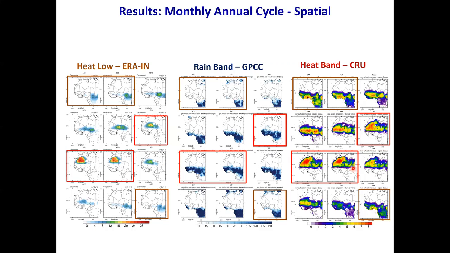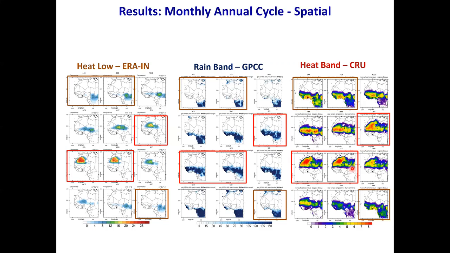So clearly we can see that these three features or processes actually mimic each other, and there is a clear linkage between them in terms of their migration from month to month, the intensity, and sometimes the form.